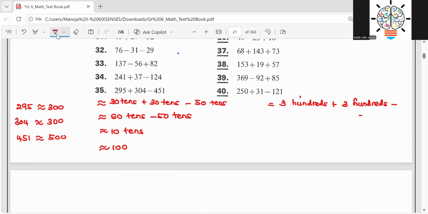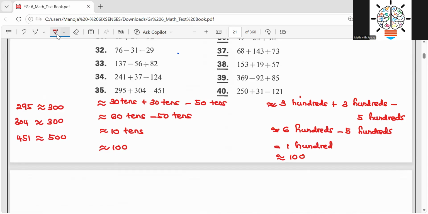To that, you add 5 hundreds. So how do you write this? You have 6 hundreds minus 5 hundreds. So you write 1 hundred. That means 100, right? So everything you can write as an approximate value. This is how you do it.